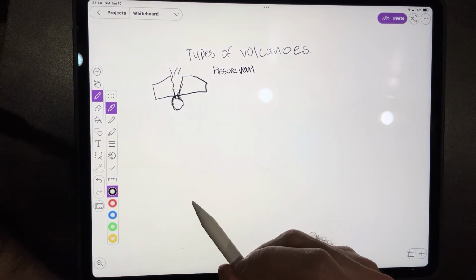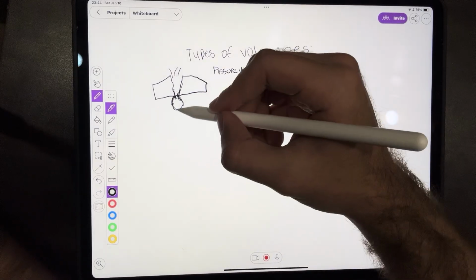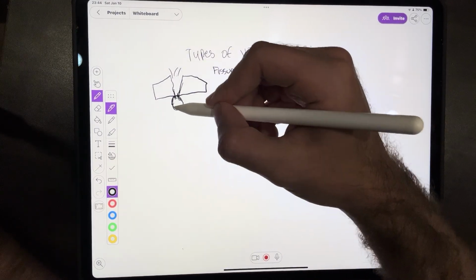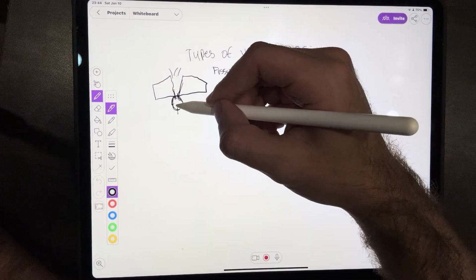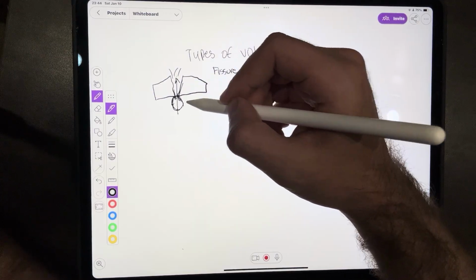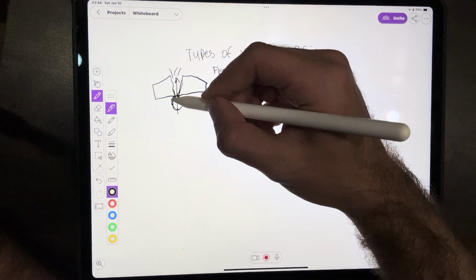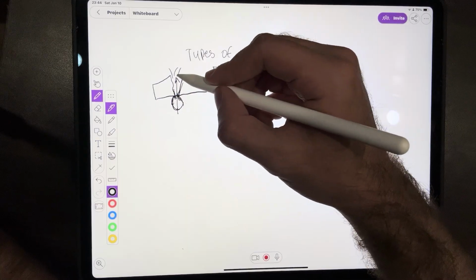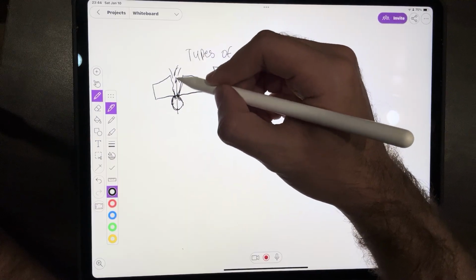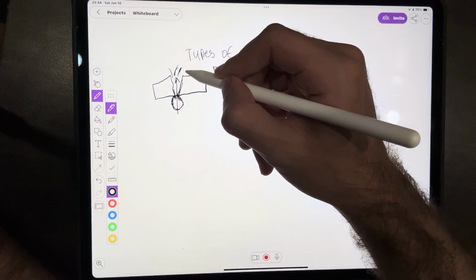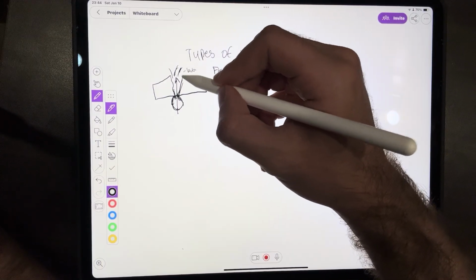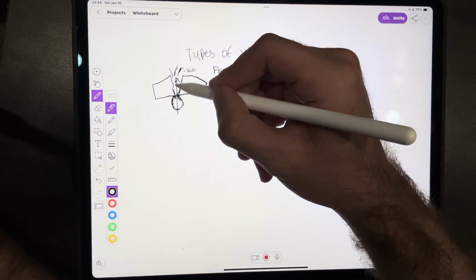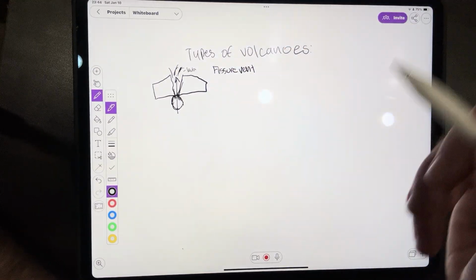So a fissure vent is a crack in the earth through which magma just rises whenever there's a chamber of magma underneath, and then that small tiny crack gets a little bit of lava that just flows out slowly from underneath the crack.